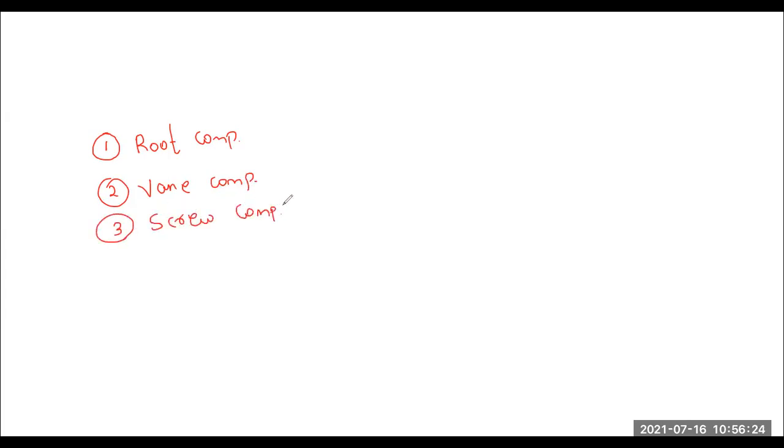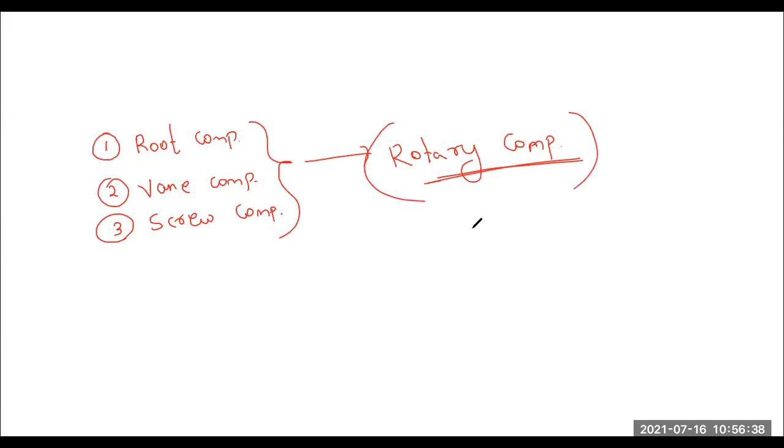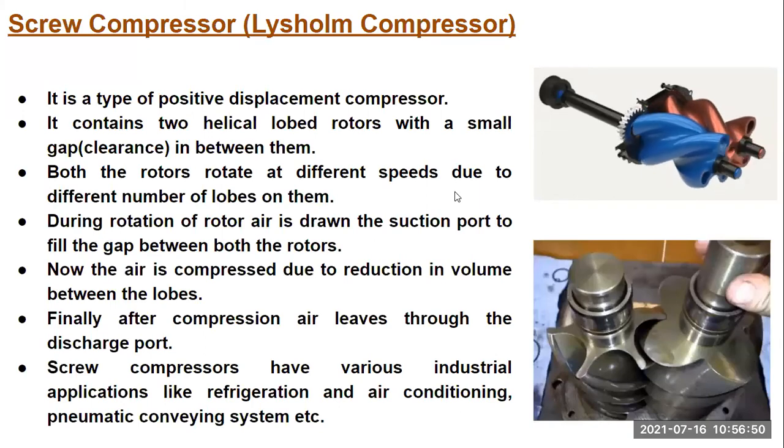All these 3 come under rotary compressor. Sometimes they ask this question: what are the different classifications of rotary compressor? In that case you have to write about these 3 types of compressor, and give some brief idea regarding the definition and working principle of each. Once, quickly I will show you the syllabus copy, and then we will complete the class.